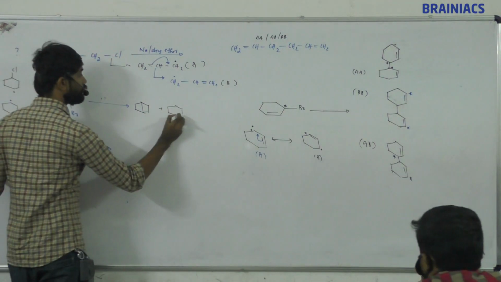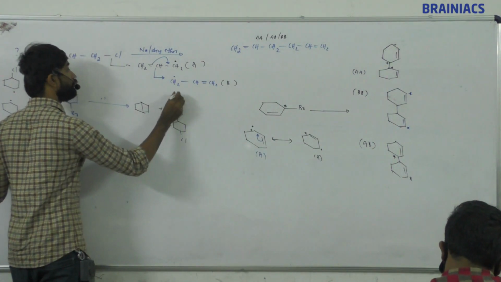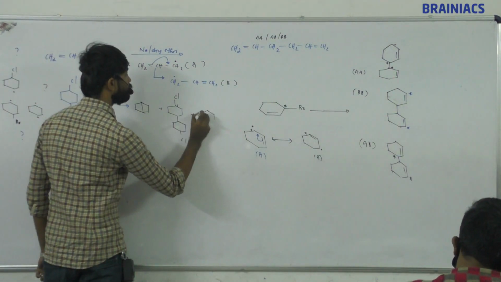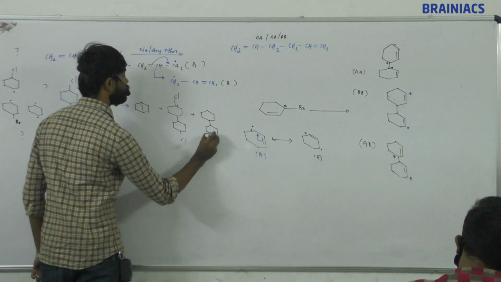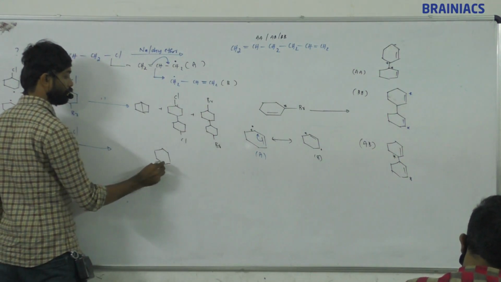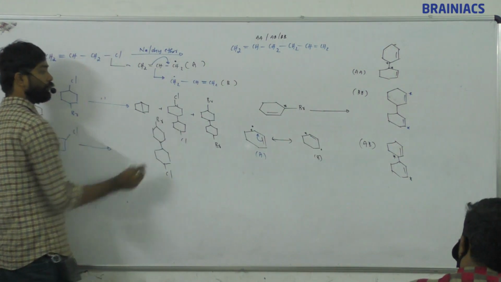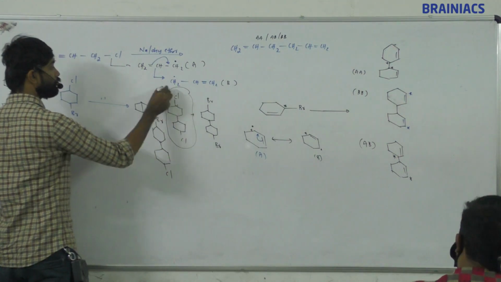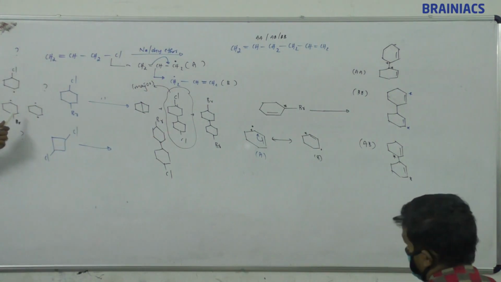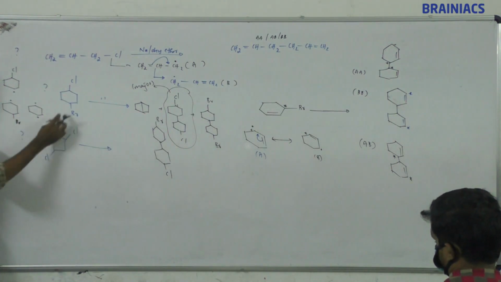So the chance is something like in your relative opposite position, chlorine. And what about here? Bromine. Or there may be a chance that they are cross, right? Okay, and we can say that this may be the major. Why? For this one, the cleavage of which bond is taking place?